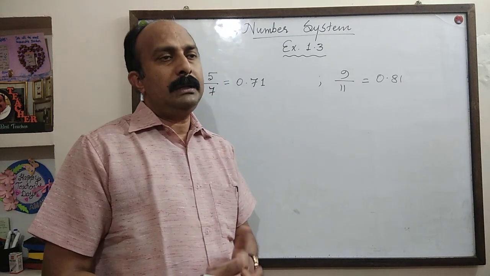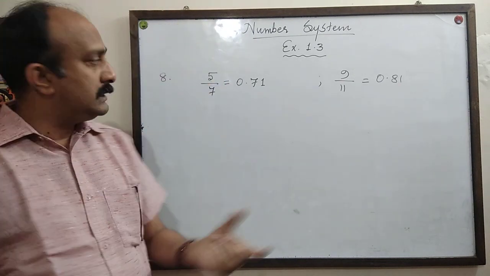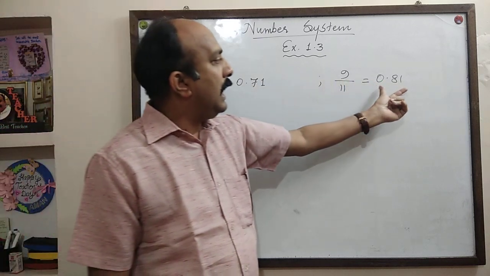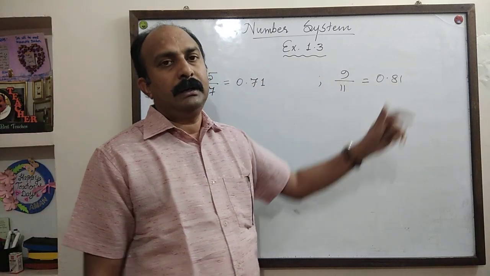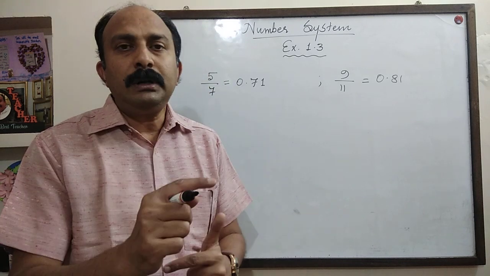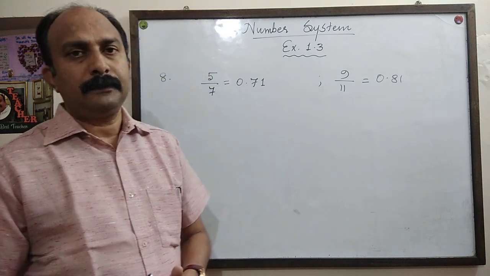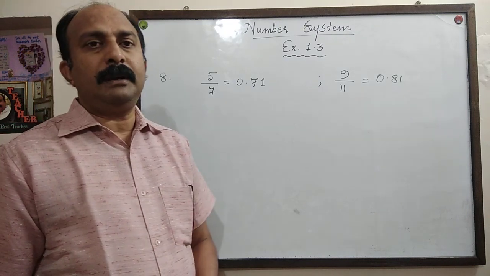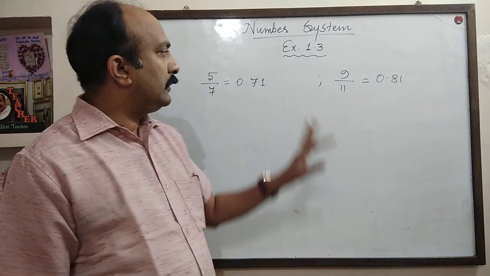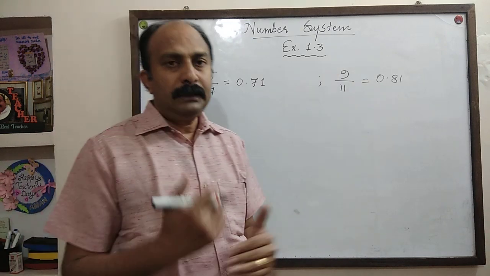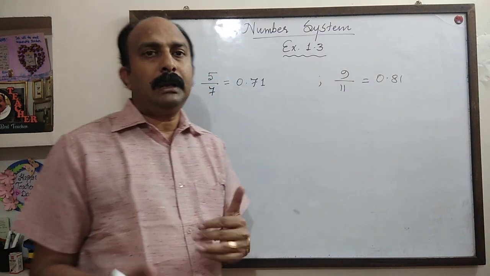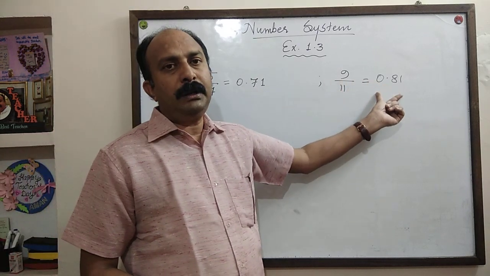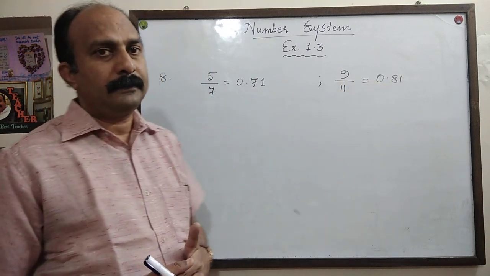Now you have to write 3 irrational numbers between 0.71 and 0.81 which are non-terminating, non-recurring, because every non-terminating, non-recurring decimal number is an irrational number. So if you write 3 non-terminating, non-recurring decimals between 0.71 and 0.81, that will be the answer.